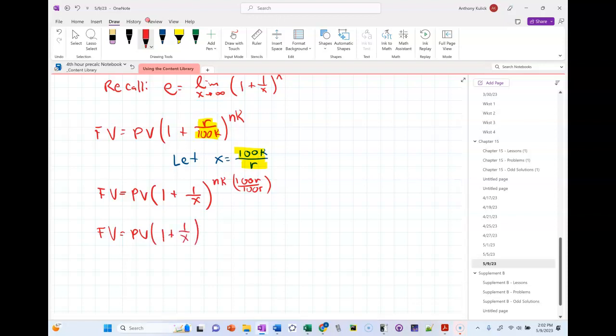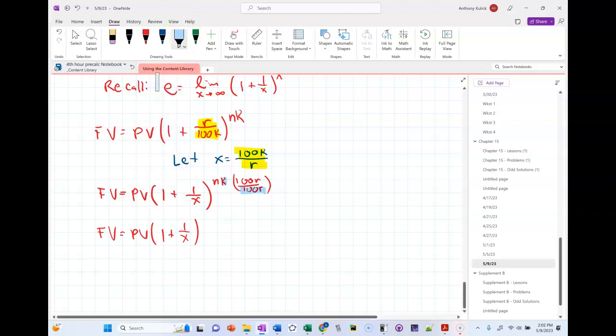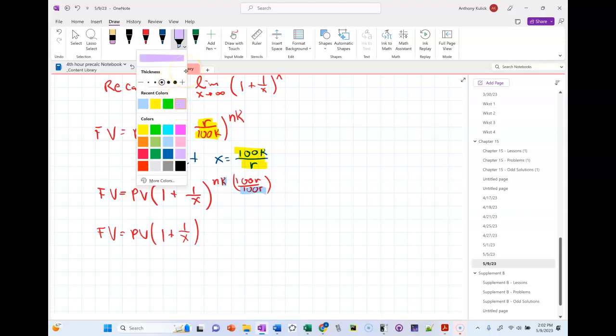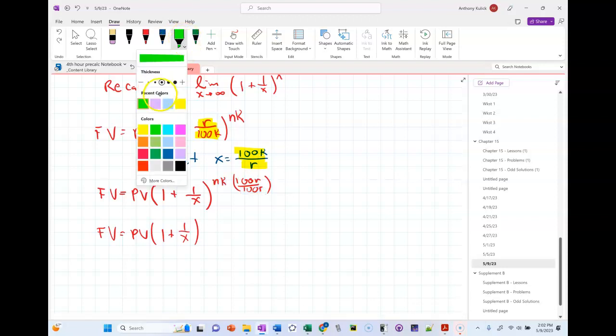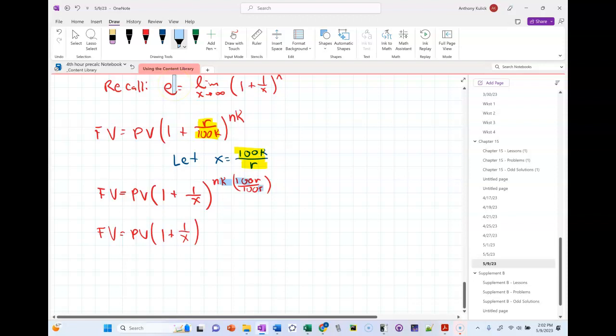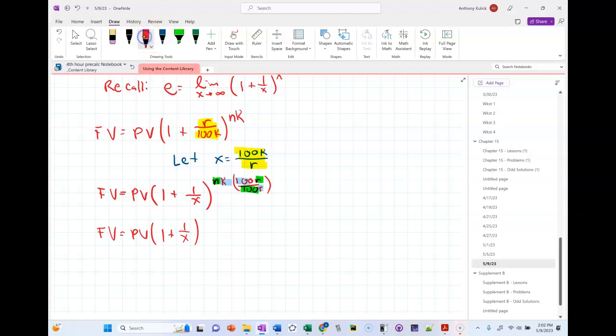No big deal. And you're looking at me like, why in the heck are you worrying about multiplying by 1 here? Well, I'm going to take this part and group it together. Oops, that's not right. Hold on. I'm going to take this part and group it together, and I'm going to take this part and group it together. And you might be looking at me like, why group those parts together?